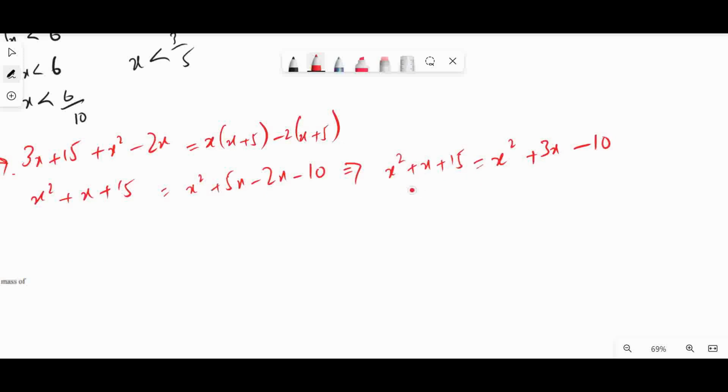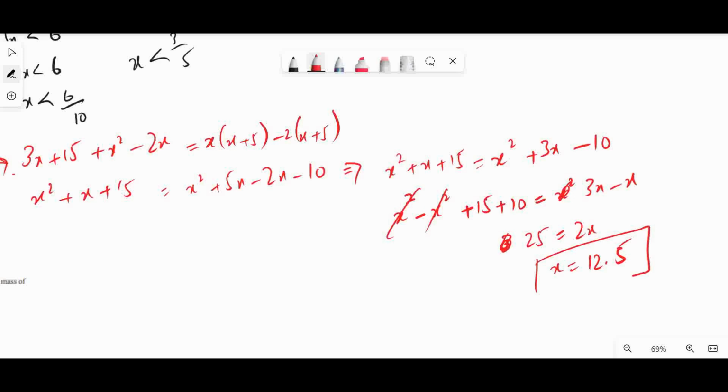Now we can cancel out these two, x square minus x square. So 15 plus 10 is equal to 3x minus x. So this will be 25 is equal to 2x. So x will be equal to 12.5.